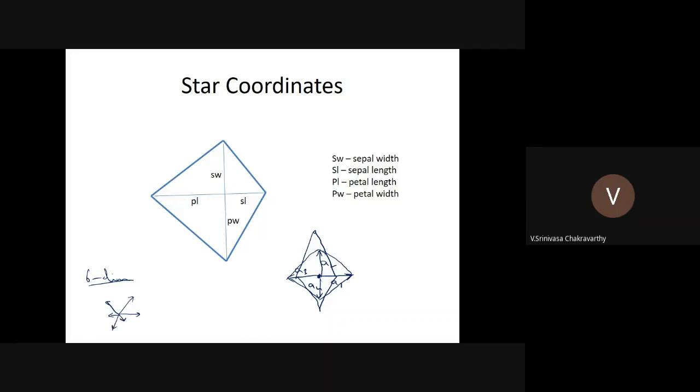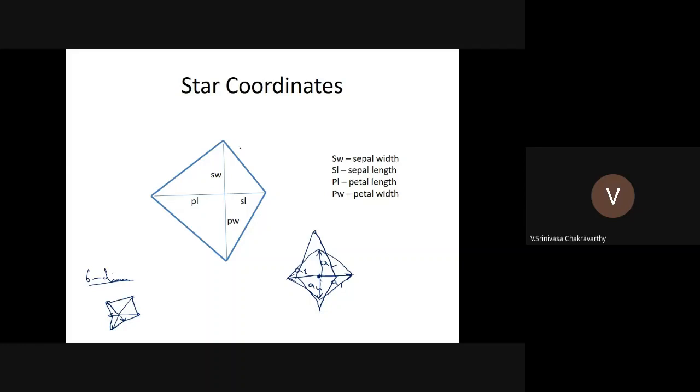You'll have 6 points like that, and you connect all of them using a hexagon. It's not a regular hexagon, it's a random hexagon. And that hexagon now represents your data point in 6 dimensions.